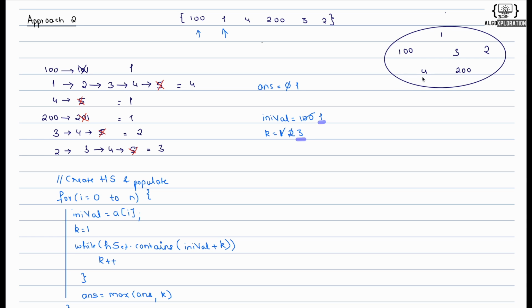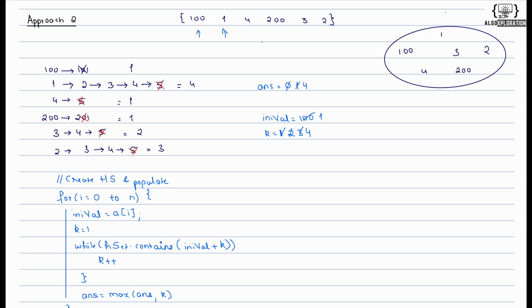Yes, 4 is also present. So again increment the value of k to 4. Now check whether 1 plus 4, that is 5, is present in the hash set. No, it's not. So I'll be running out of the loop and comparing which one is maximum, the previous answer or k. I can see that k is maximum, so I'm going to update it to 4.